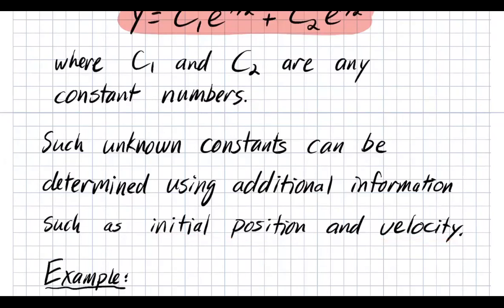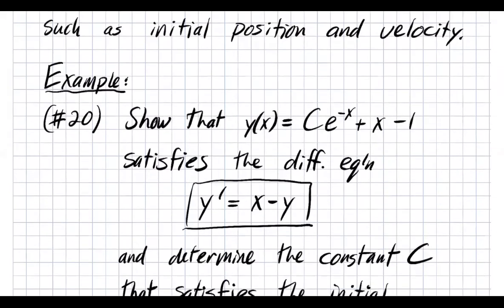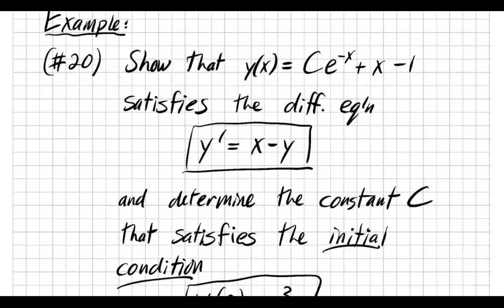If you give an initial position and velocity, then that will determine the rest of the motion of this object according to this differential equation. Okay, so let's see an example of how we can determine such a constant.